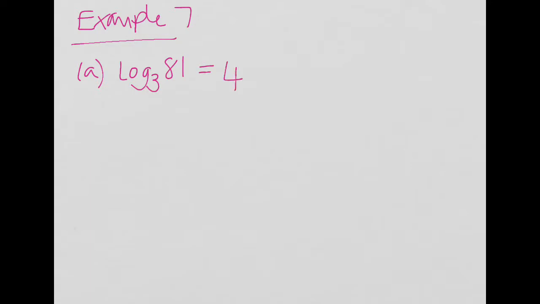So the base is the number that goes first. This here is my exponent, which is 4, and that must equal 81. So remember, the base is this number here, and this is my exponent, which is my answer in a log.